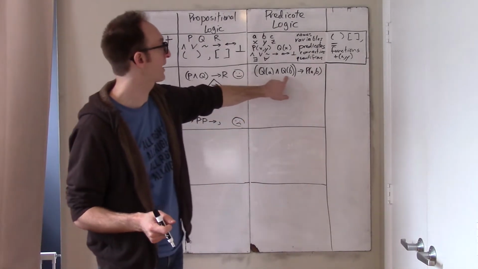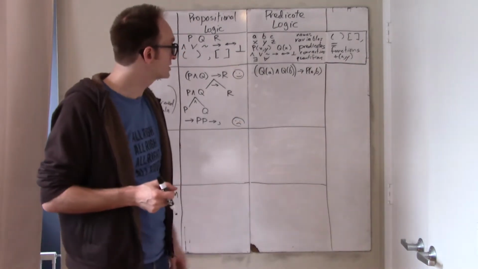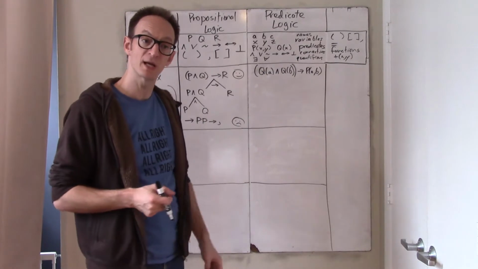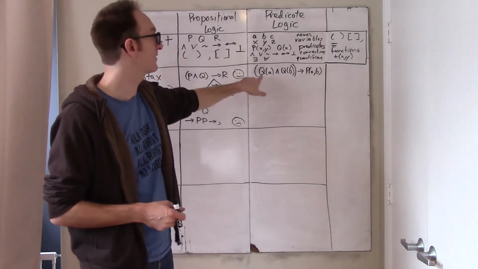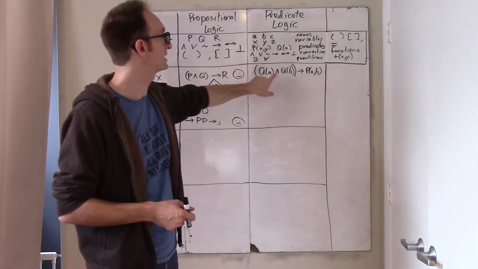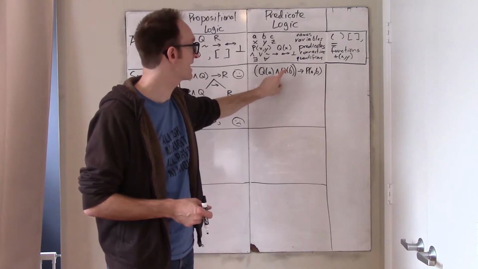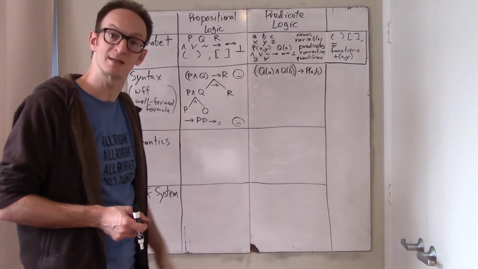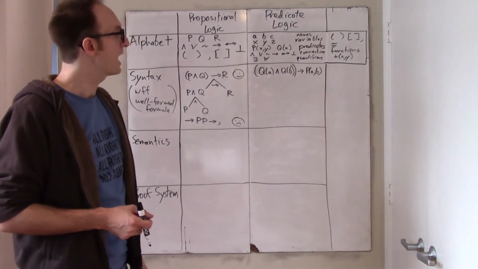These three propositions are ones which I would once have called atomic, but now I'm talking about them in terms of predicate Q and object A. So this is a legitimate sentence of predicate logic.